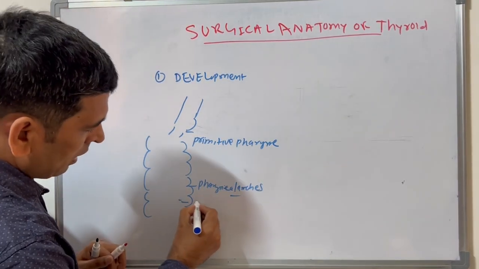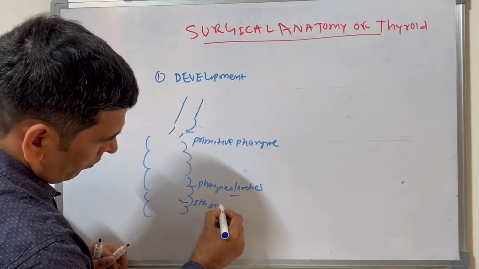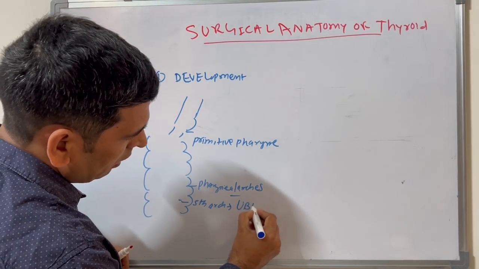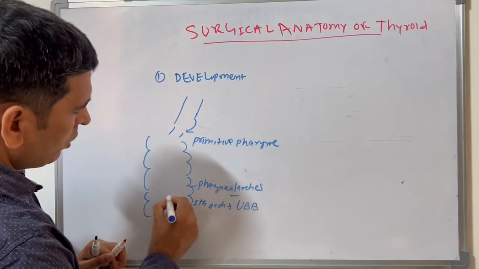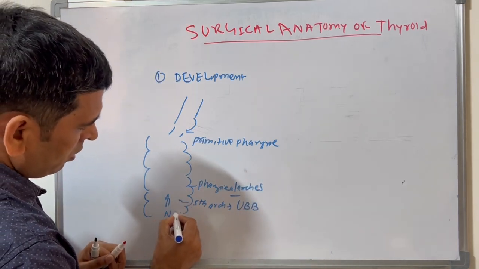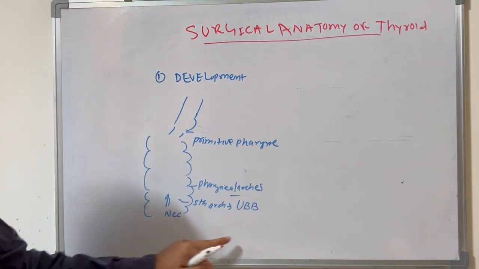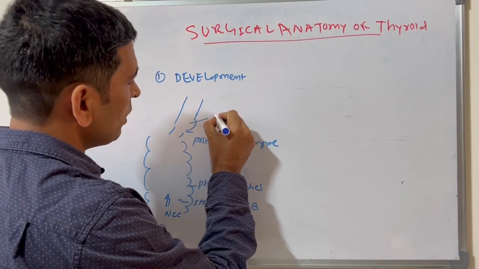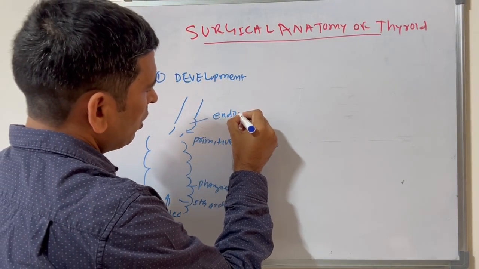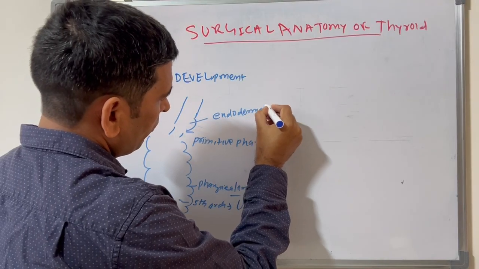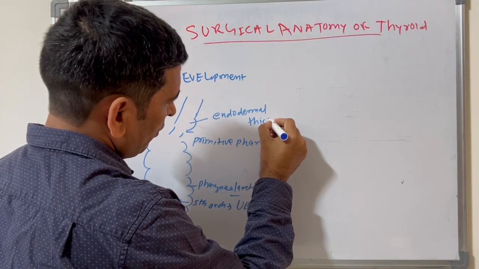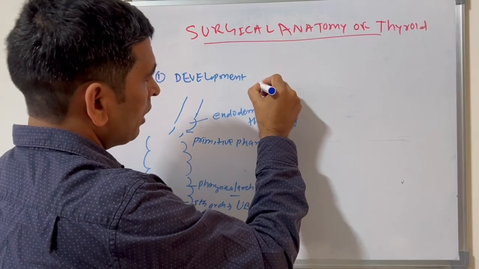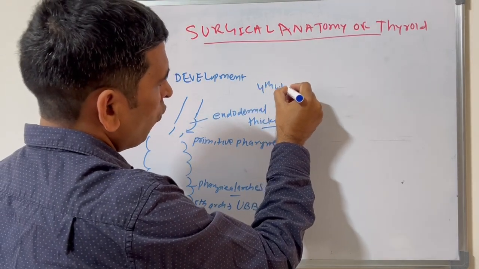So this fifth arch forms the ultimobranchial body. This is of neural crest cell origin. The ultimobranchial body comes from here, and the primitive pharynx forms an endodermal thickening at the fourth week of gestation.